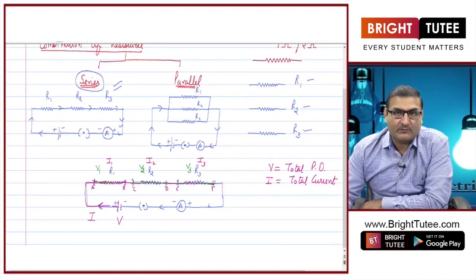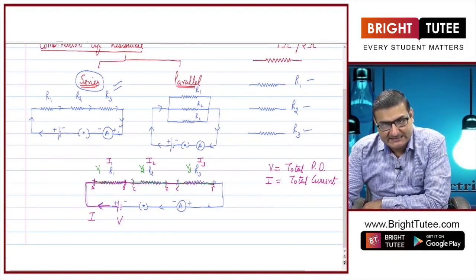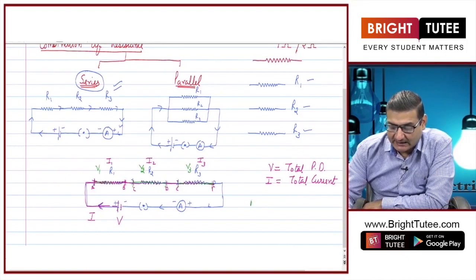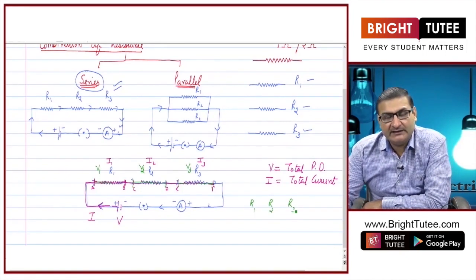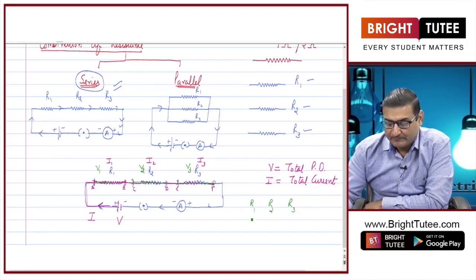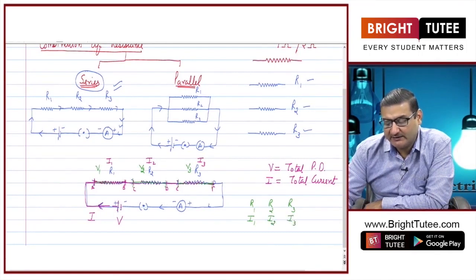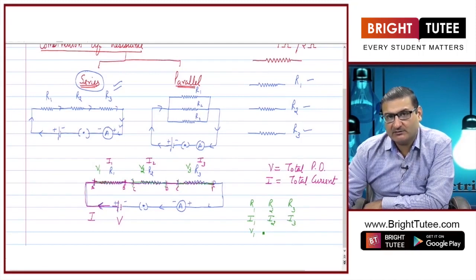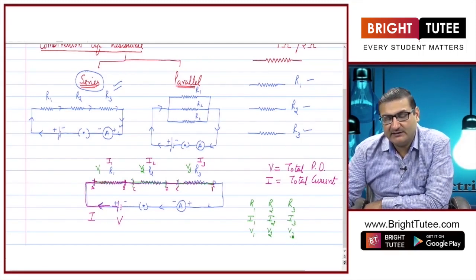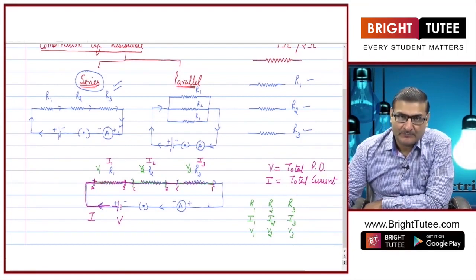Now, I have got yet another thing, that is the individual potential differences across these three resistances. So, in totality, R1, R2 and R3 were three individual resistances. I1 was the current flowing in the first resistance, I2 in the second and I3 in the third. V1 was the potential difference across the first resistance, V2 across the second and V3 across the third, right.